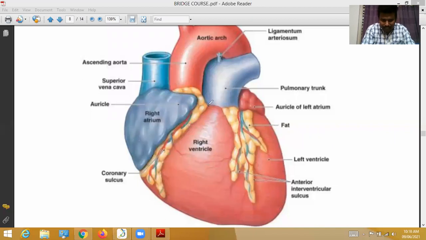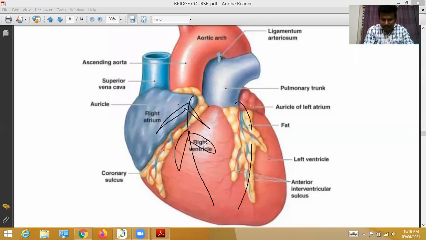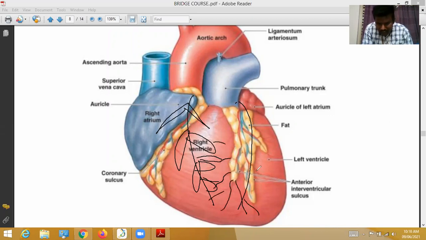Like this way, a pair of coronary veins. See whether you are observing or not. These are called coronary veins on the walls of the heart. If you clearly observe, there are numerous coronary veins.